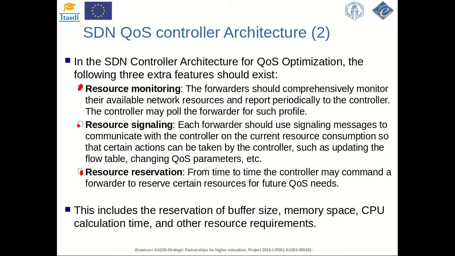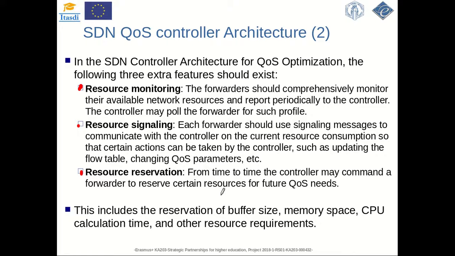Also, signaling is very important because without signaling, the controller cannot communicate with the switches, and certain actions cannot be taken by the controller, which is very important when we are changing QoS parameters on the fly. Also, signaling is responsible for updating the flow table.